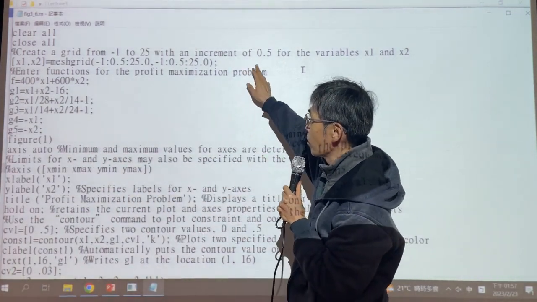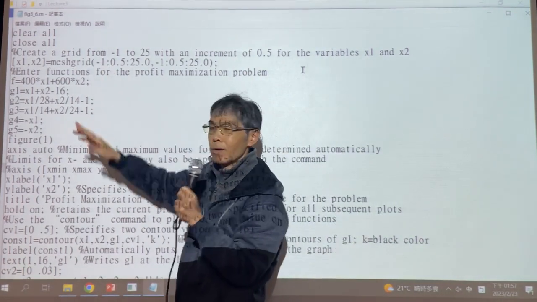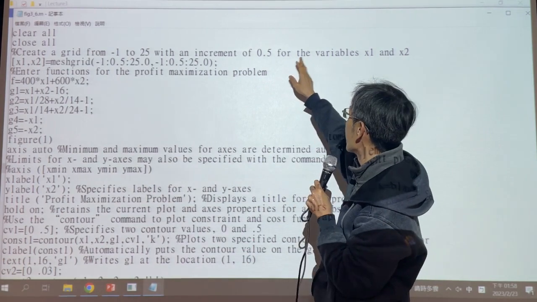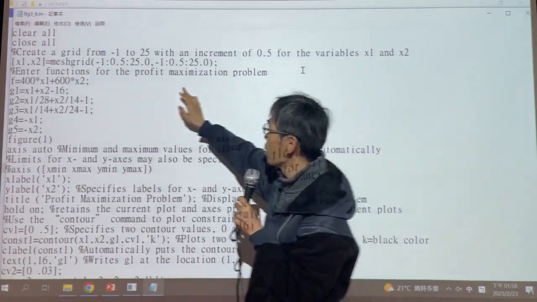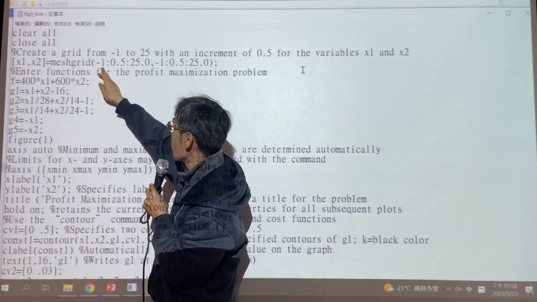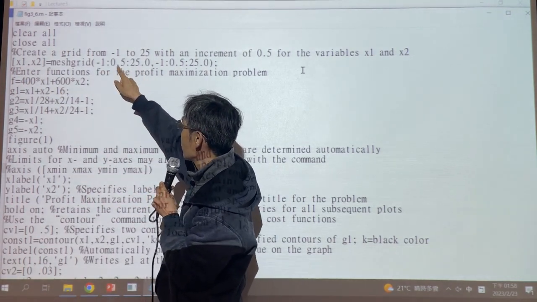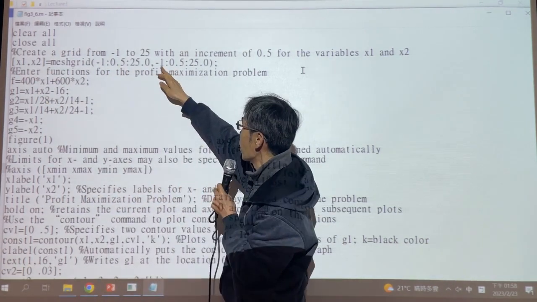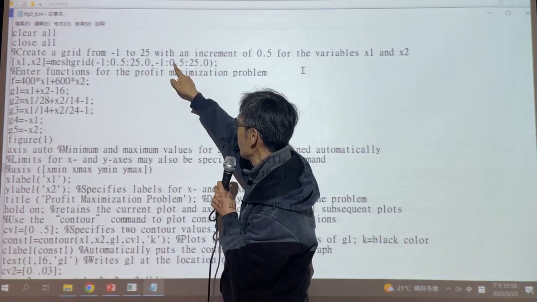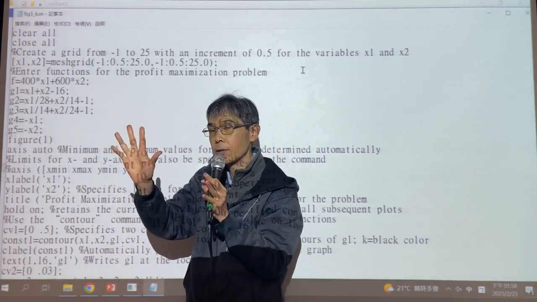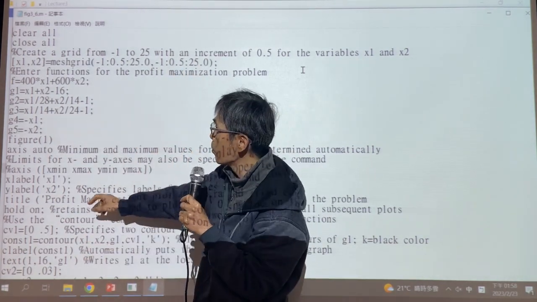This command creates a mesh grid of XY coordinates for X1 and X2. For X1, from -1 to 25, increment 0.5. For X2, -1 to 25, increment 0.5. So we create XY coordinates.